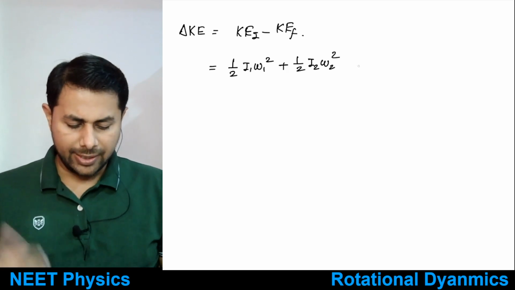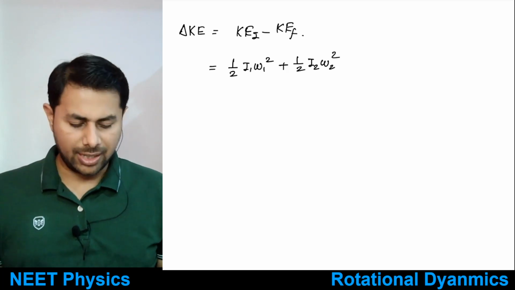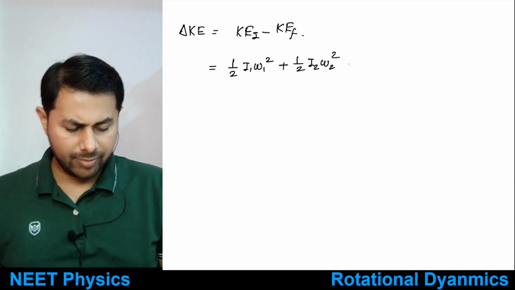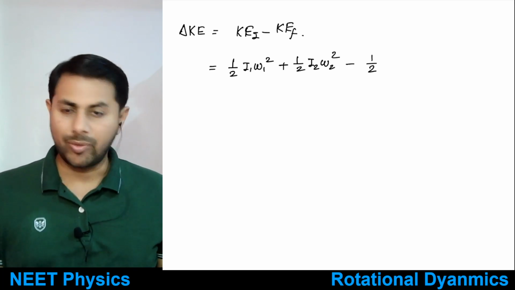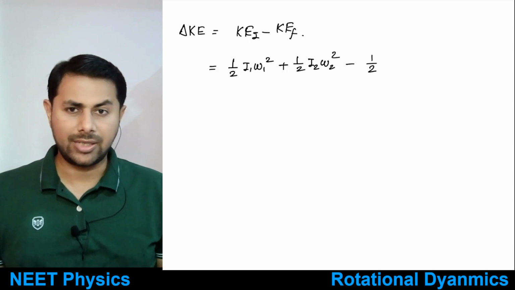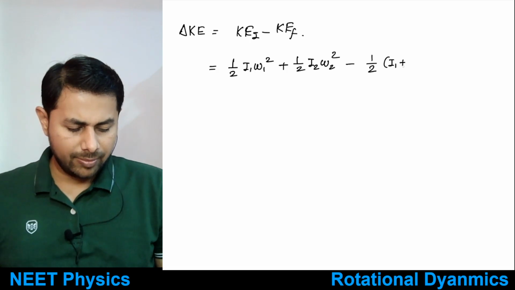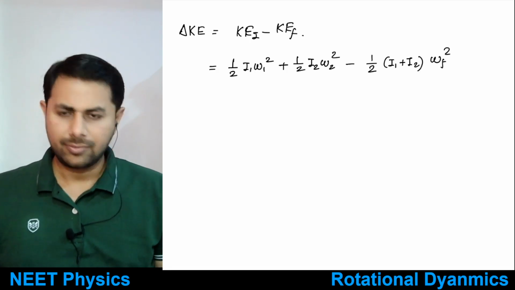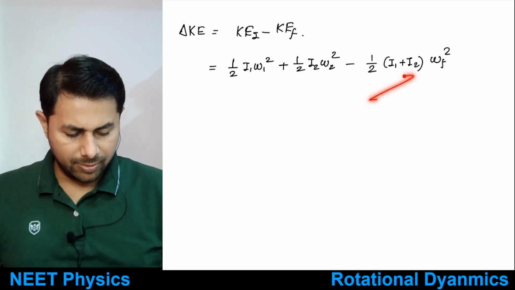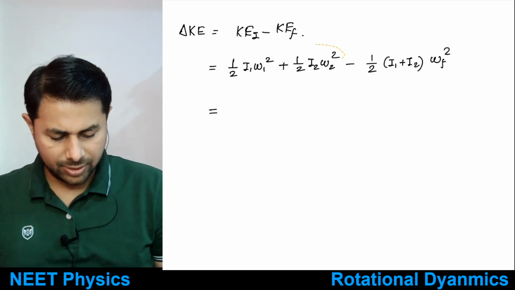So initial kinetic energy is half of I1 omega 1 square plus half of I2 omega 2 square, minus final kinetic energy, which is half of, now how much would be their moment of inertia? It is the sum I1 plus I2. So it is half of I1 plus I2 multiplied by omega f square. And you put omega f equal to this thing.